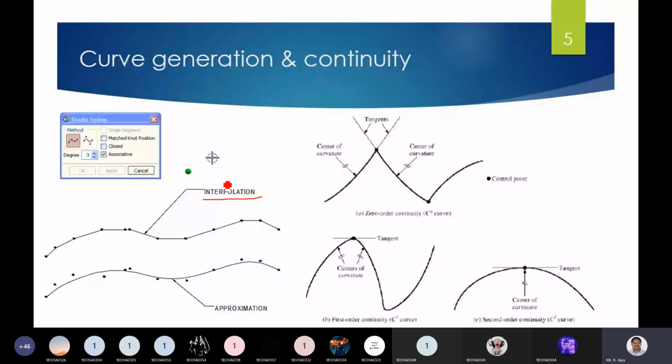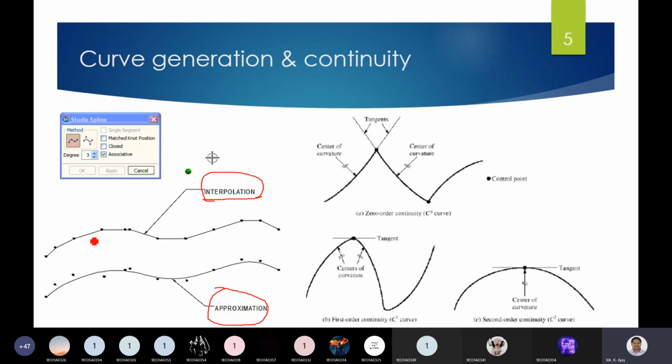One category of synthetic curves is interpolation curves. Another type is approximation based. What do you mean by interpolation? You can easily understand it from the pictures.